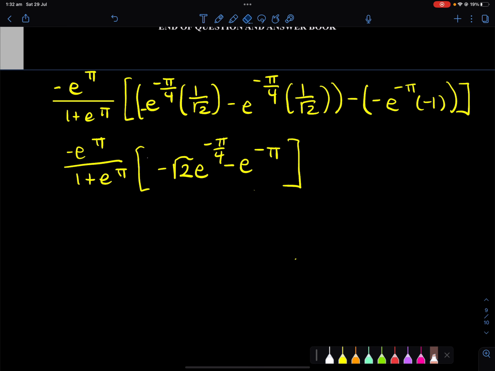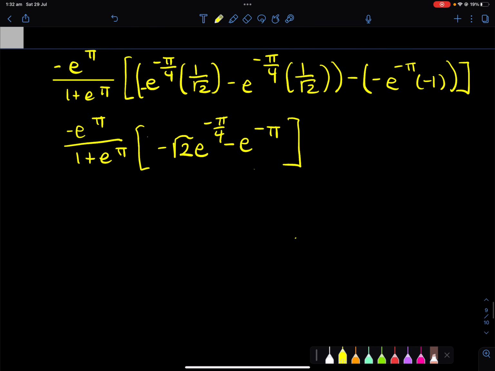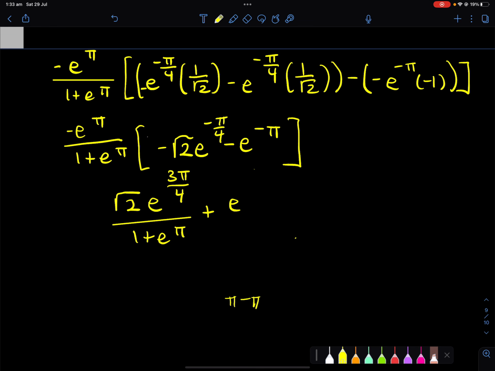So we've nearly calculated. That's such a long question. So it will be root 2 e, what's pi minus pi over 4, so 3 pi over 4, all over 1 plus e pi. And then plus e, pi minus pi, which is 0, all over 1 plus e pi.